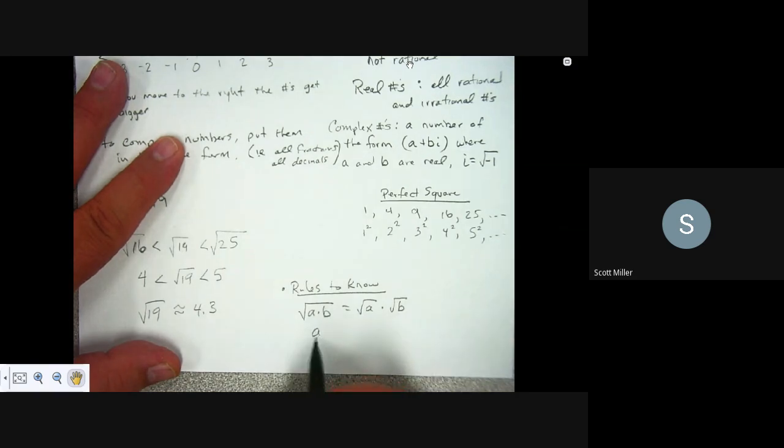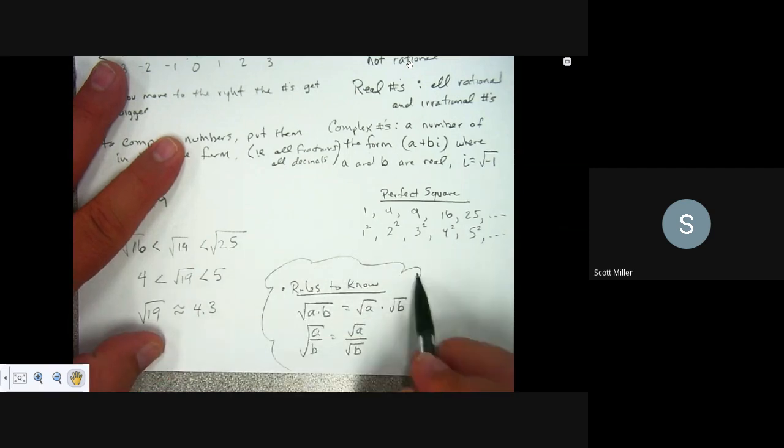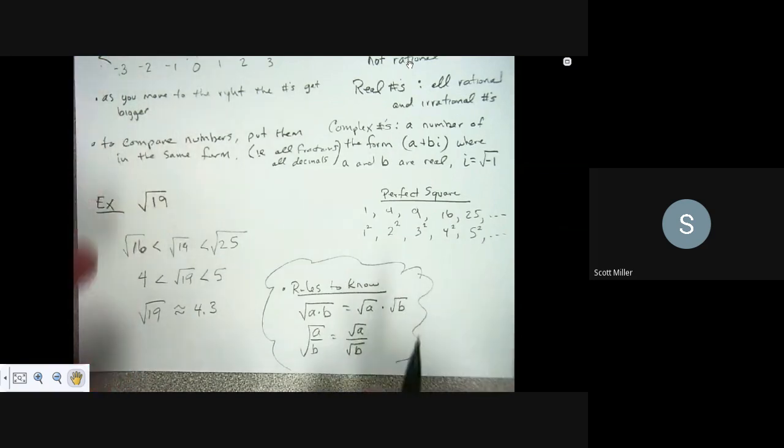And if I have it in a fraction form like this, I can take the square root of the top and I can take the square root of the bottom. Again, we don't know how we're going to use this yet. It's just something to identify and know right now. And we're going to do some problems and some examples and some questions I'll take out of the video.